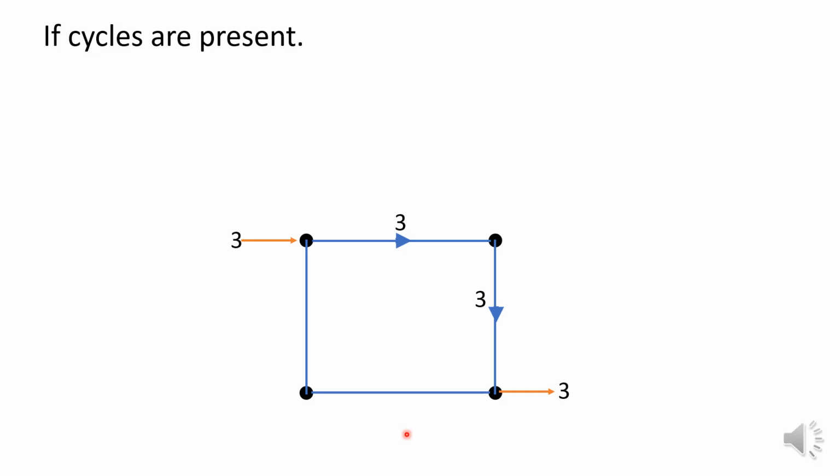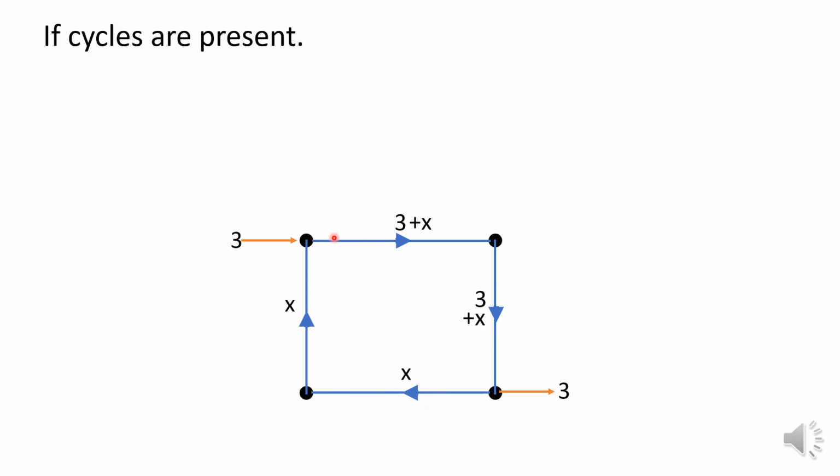And even worse than that, you can see that if I use this direction for the other branches, if I add x to the flows along this cycle, I can add any value of x that I like, positive or negative, and you still have equilibrium at each node here.